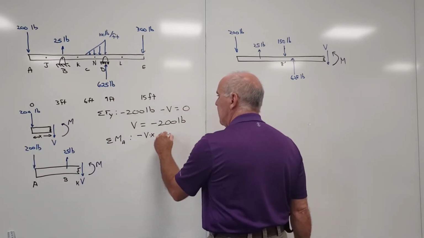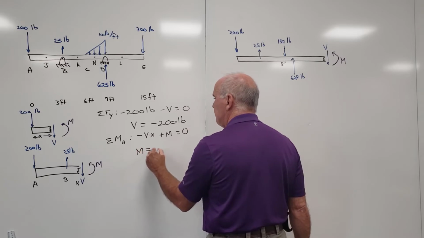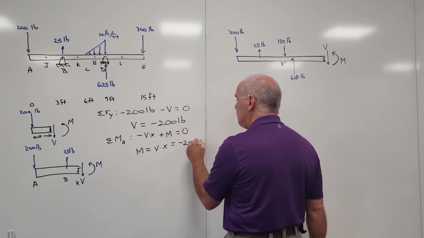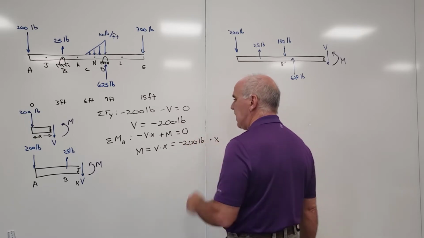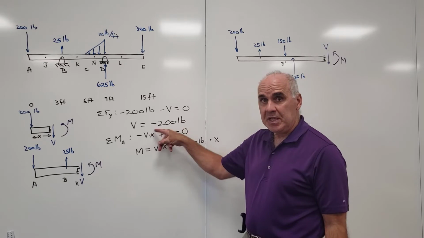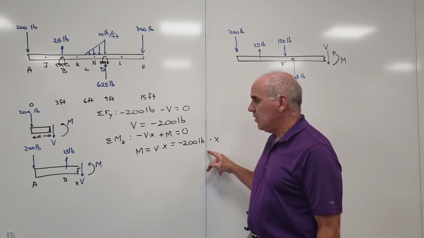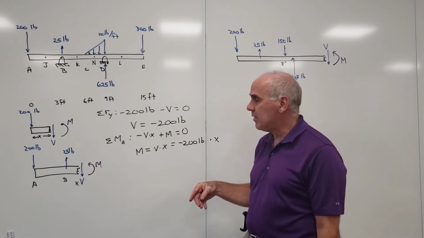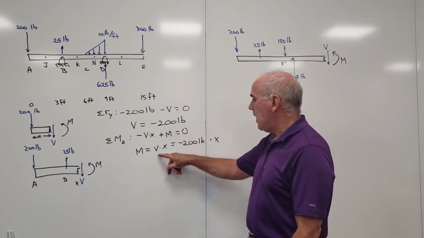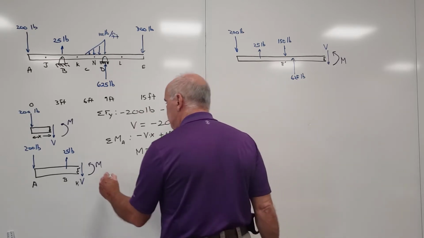And then plus M, and that's equal to 0. And so M is equal to V times X, which is negative 200 pounds times X. Okay, so the shear force is going to be a constant value, and the bending moment is going to be more negative, more clockwise, as X increases.